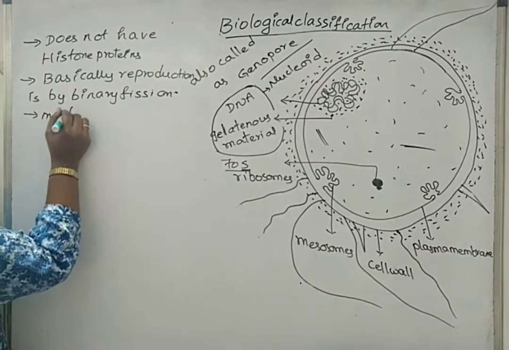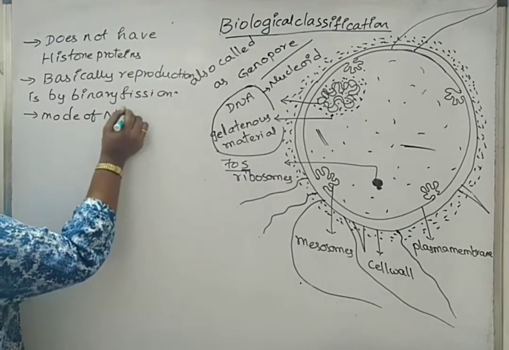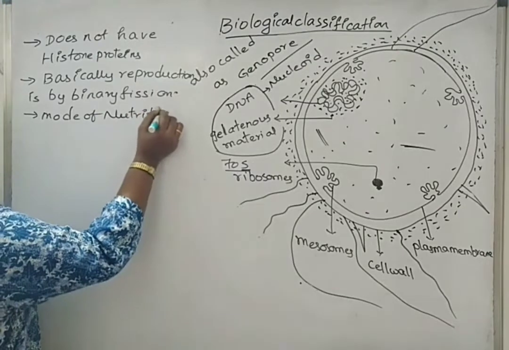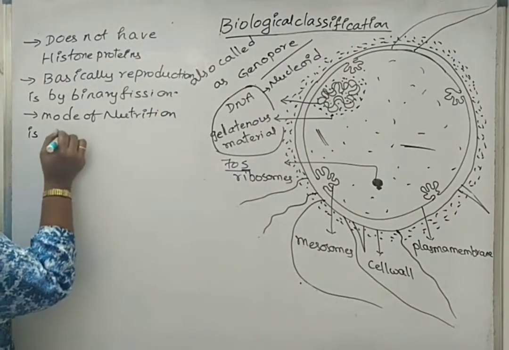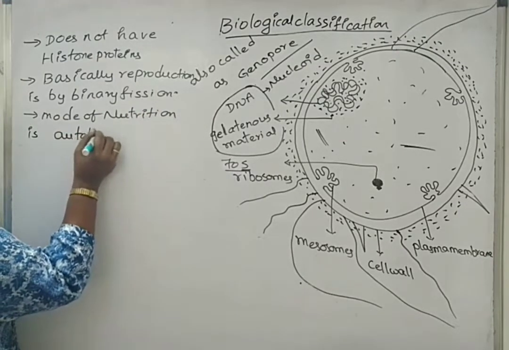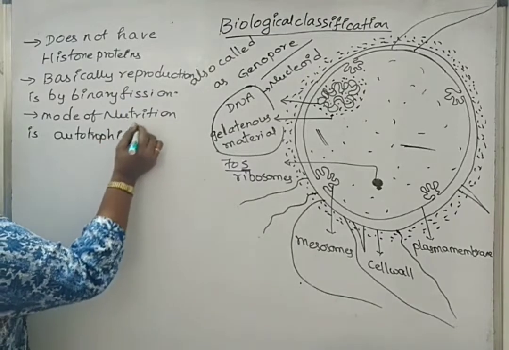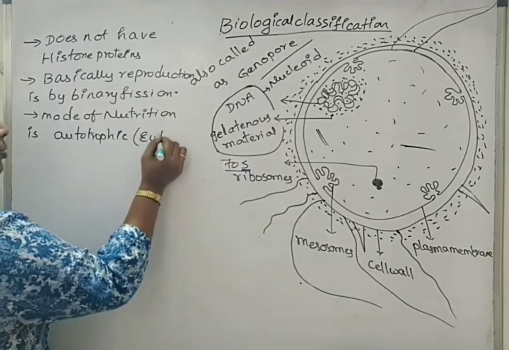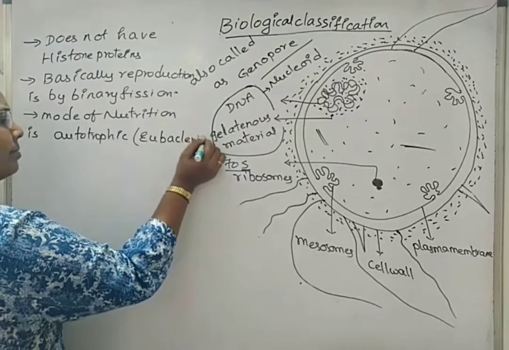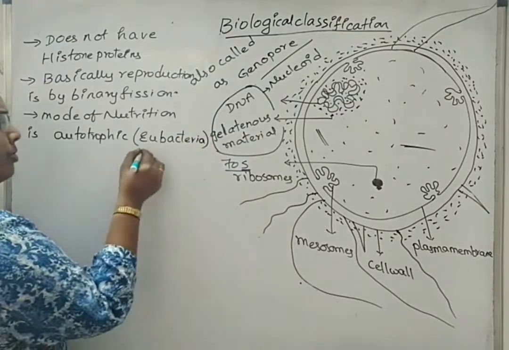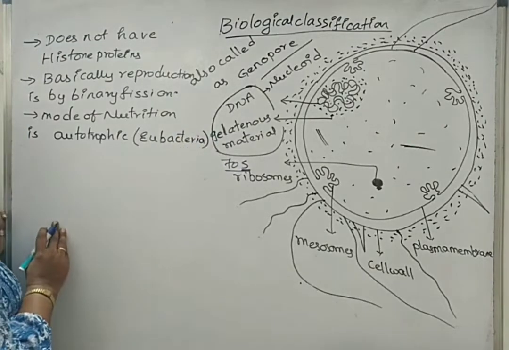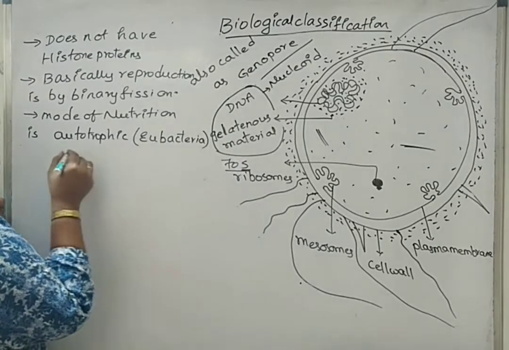Mode of nutrition is autotrophic, that is seen in the case of eubacteria, and also chemotrophic bacteria.